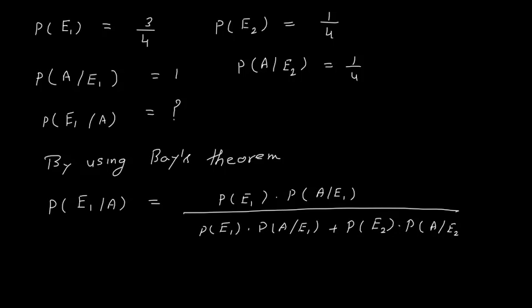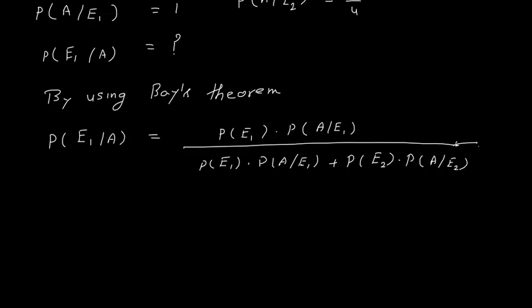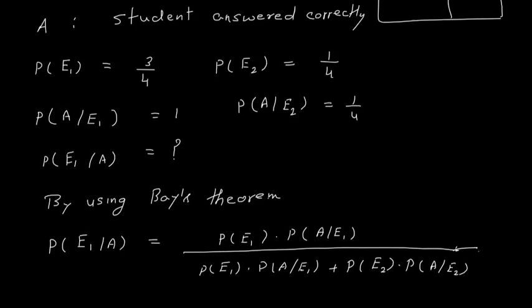Now you can see that in all the problems I am trying to use events as E1, E2 and A. To make things simple and clear, I am doing this. You can assume events like A, B, C, anything.